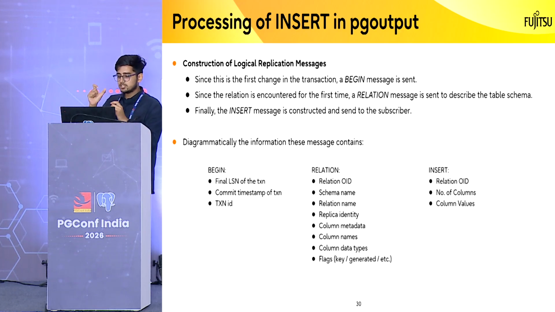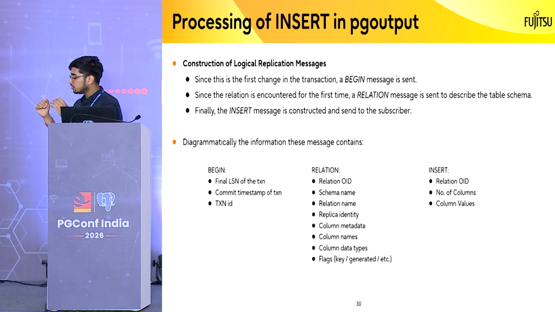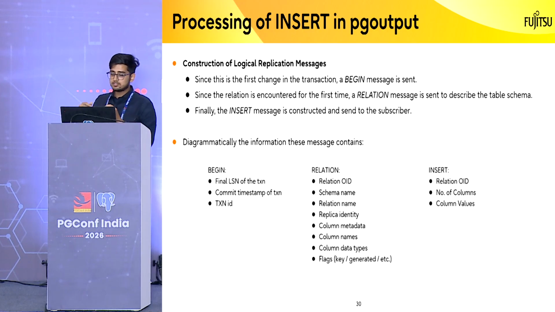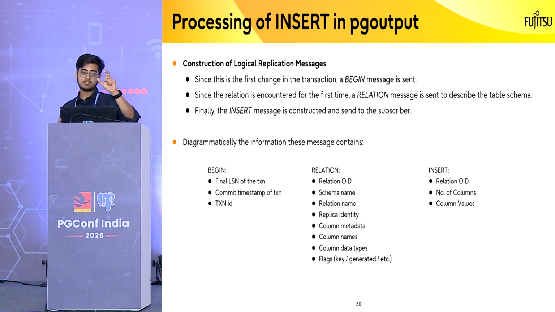This relation message mostly consists of the table schema information, and finally an insert message is constructed and sent. You can see which things are present in each message. For begin, we have the final LSN of the transaction, which is equal to the commit LSN for the transaction, the second is the commit timestamp of the transaction, and the third is the transaction ID.